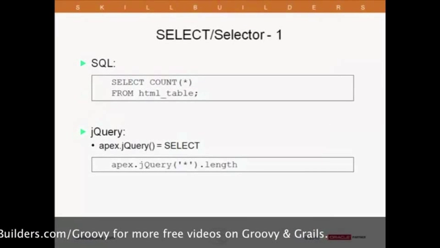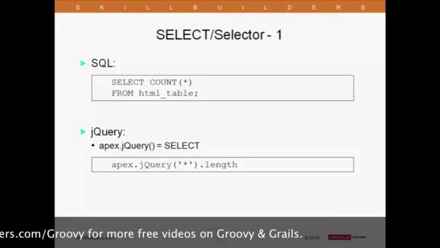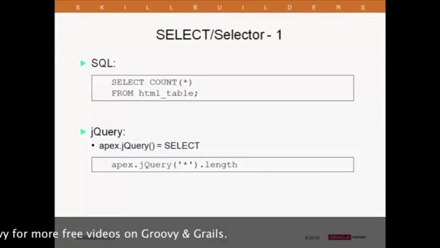Here's the first example. In SQL, you might do a select count star on our HTML table. And of course, you'd expect to see essentially all of the elements or all of the rows in the table. Or, in this case, just a count star, the count of those rows, right? In jQuery, we can do the same thing. The selector is that apex.jQuery.